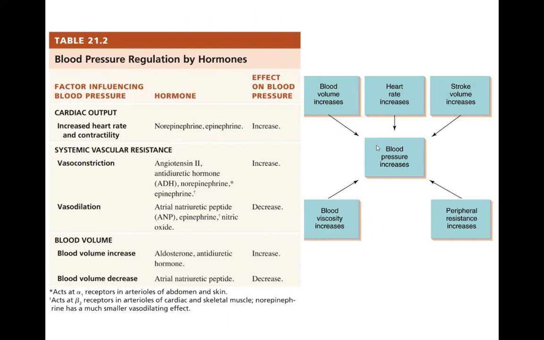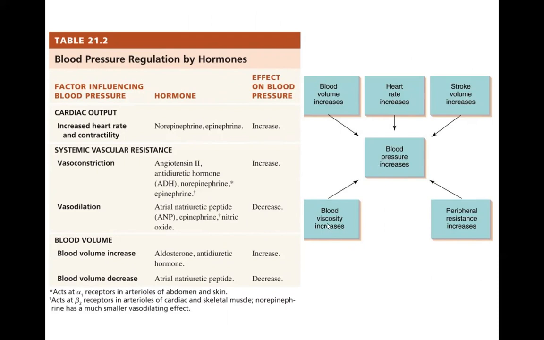And then over on the right, it just shows different ways to increase your blood pressure: changing your blood volume, which means basically either retain more or less water, change your heart rate, change your stroke volume, either an increase in one or both of those, as we know, alters cardiac output, and the increase in cardiac output increases blood pressure.